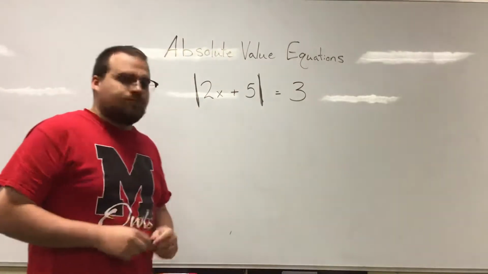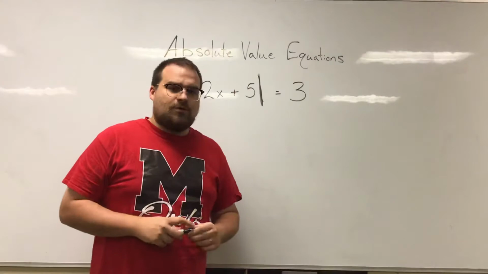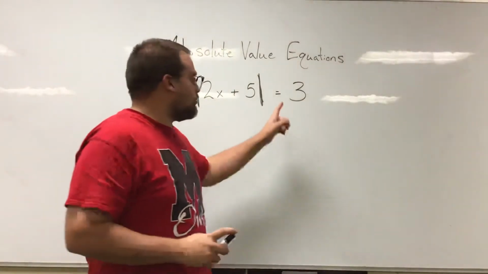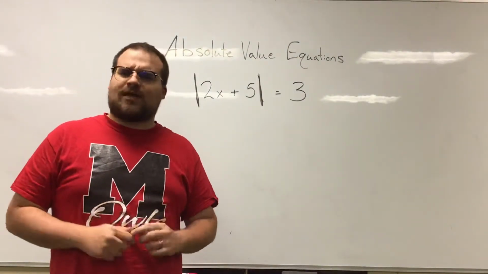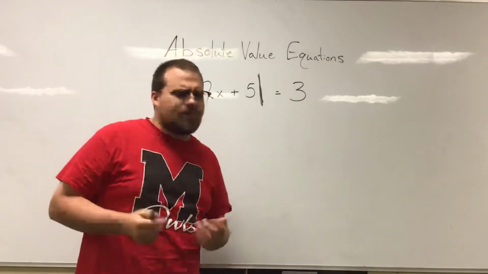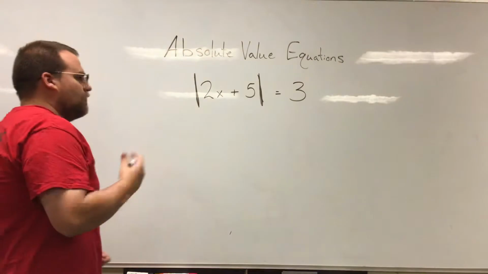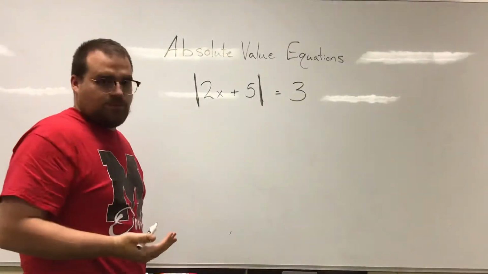So here's the deal. If we want to solve an absolute value equation, we have to think about the possibility that even though what it's equal to is positive, what could be inside there might be negative. It's kind of a weird thought, right? We know that the absolute value of 2x plus 5 is equal to 3.